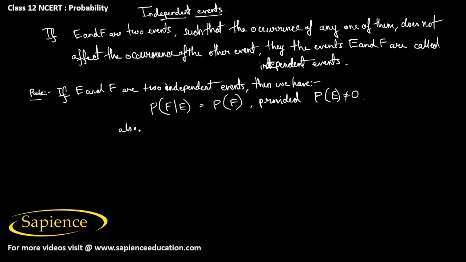And also the probability of E given that F has happened is the same as the probability of the event E, provided that the probability of F is not equal to 0.